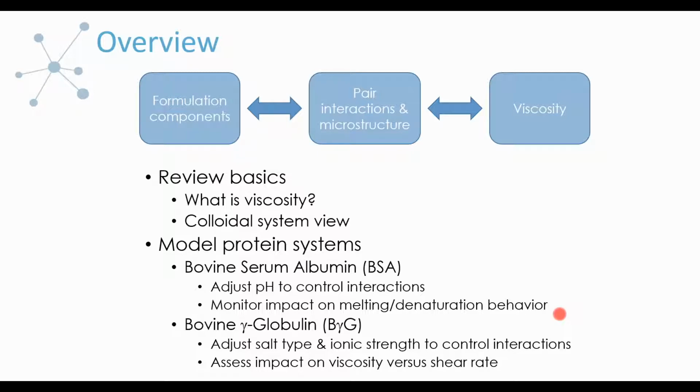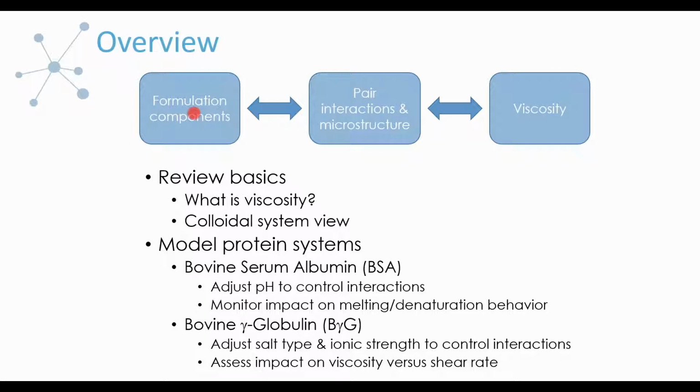So just to quickly overview the goal of the webinar. What I really like to do when I think about viscosity measurements, and I'm going to refer to my flow chart at the top here, is how you can interpret viscosity in terms of the component interactions and the microstructure that exists. So as you develop your formulation and you're adjusting the components, specifically for proteins, if you're adjusting pH, ionic strength, introducing excipients, even adjusting the concentration of the antibody or protein, all of these formulation additives are going to impact what's happening on the molecular level.